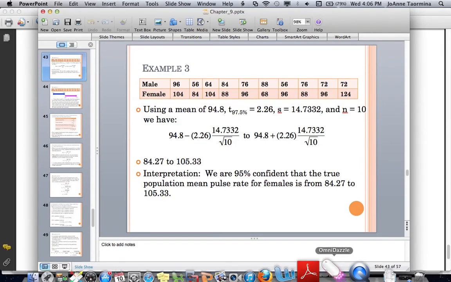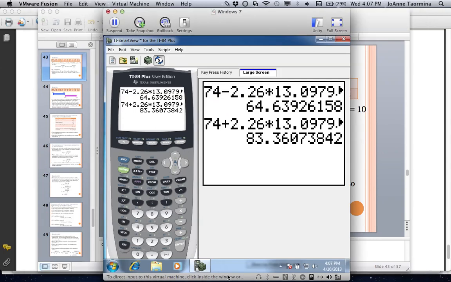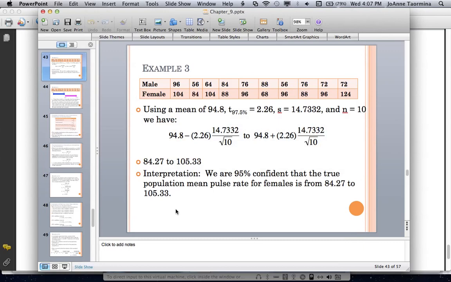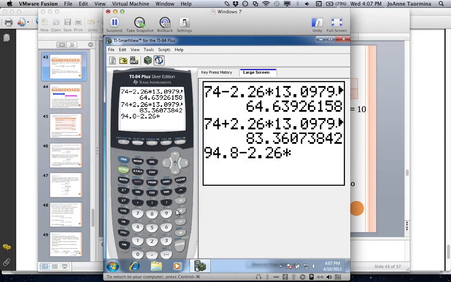So I could show it to you on the calculator. 94.8 minus 2.26 times 14.7332 divided by the square root of 10.